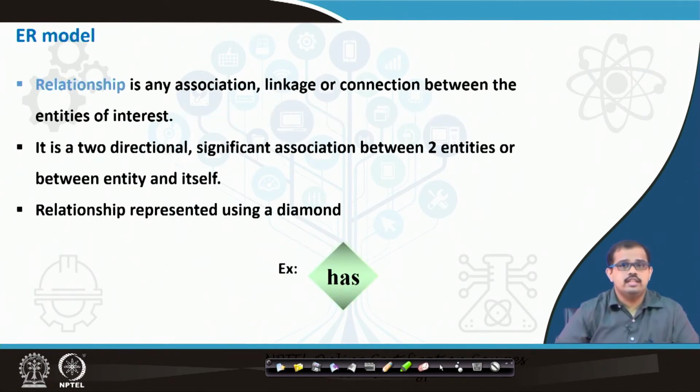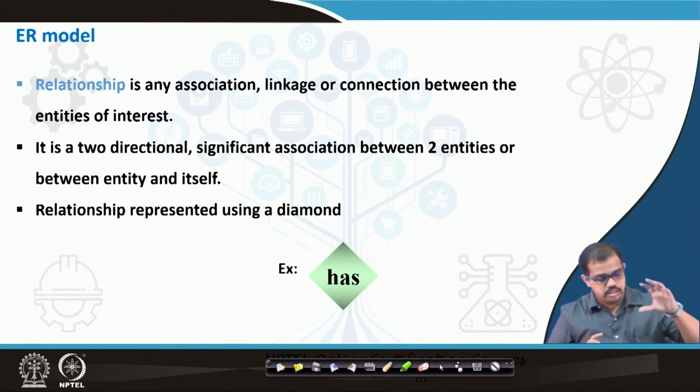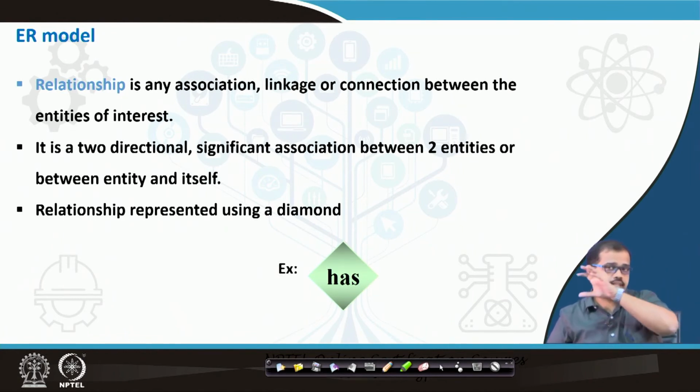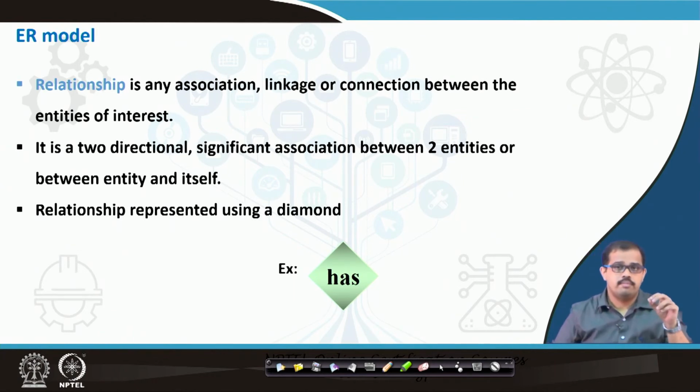Now when we look at the relationship, the ER model: when I say relation, it is any association, linkage or connection between the entities of interest. Let us say there is a person who has an account in bank 1 and an account in bank 2. Maybe that UID number or Aadhaar number is a linkage for both of these banks.